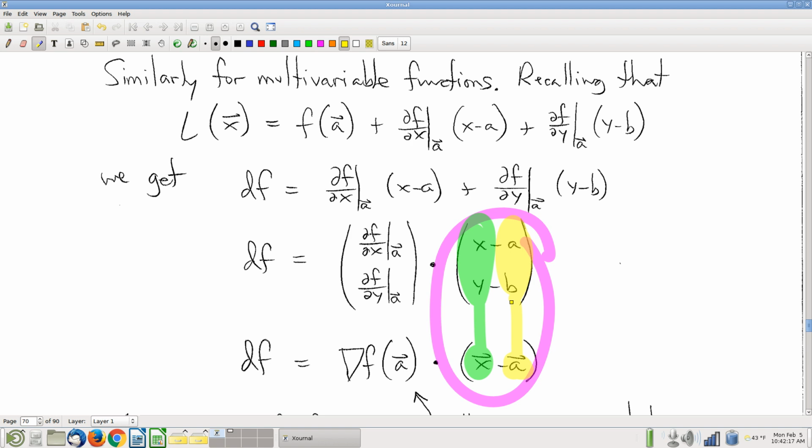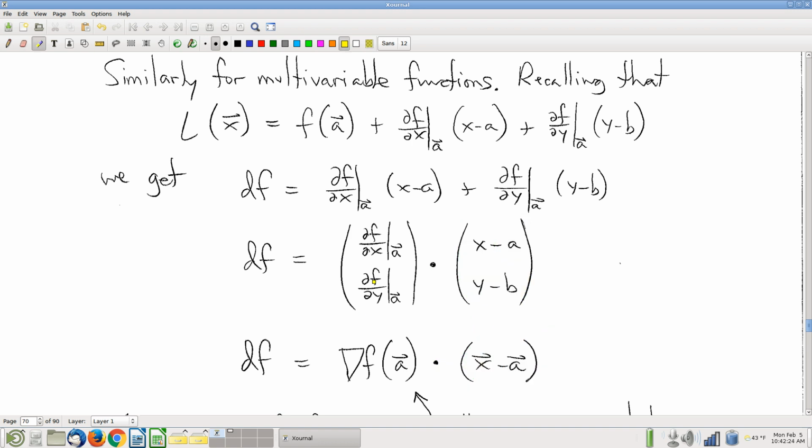That's literally x minus a vectors. And what we have is that the change in the output, our differential, our estimate of the change in the output, is very closely related to the change in the input. We have a vector change in the input that's strongly related by this formula to the differential change of the output.